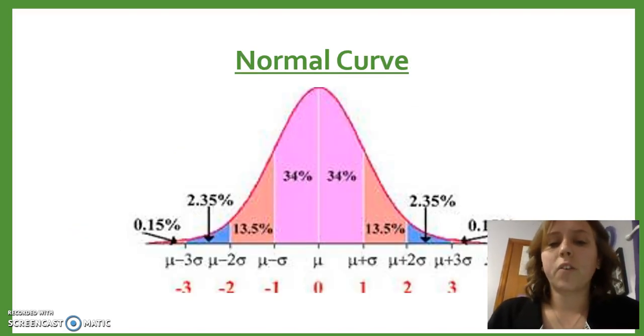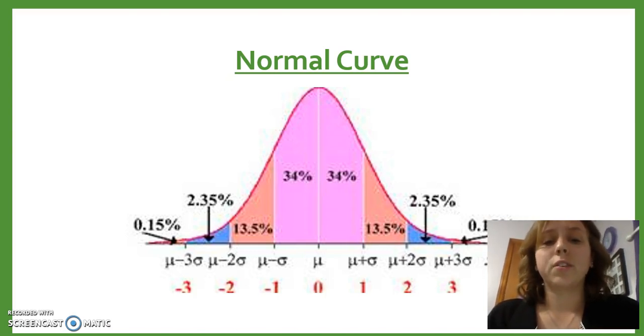The next thing I want to go over a little bit is the normal curve. Through this normal curve, I want to discuss the empirical rule, standard deviations, and what variance is. As you can see, the normal curve is broken down into 34%, 13.5%, 2.35%, and 0.15%.